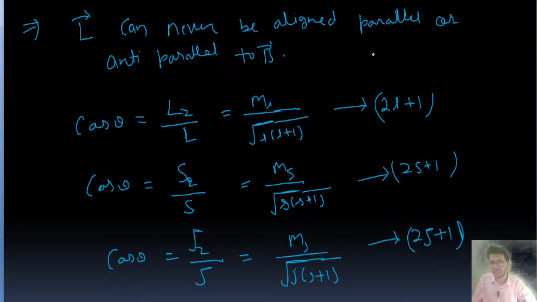These are all possible orientations. So for this 2l plus 1, for this 2s plus 1, and for this 2j plus 1.